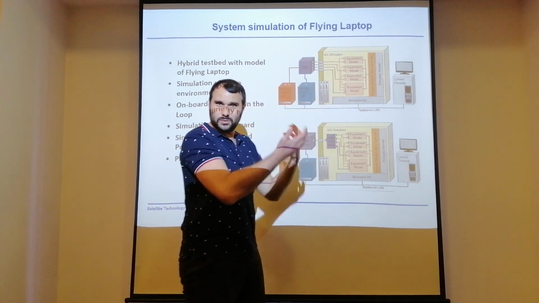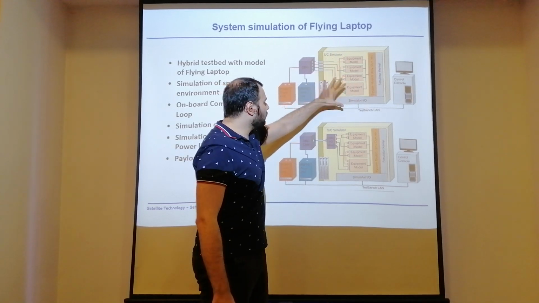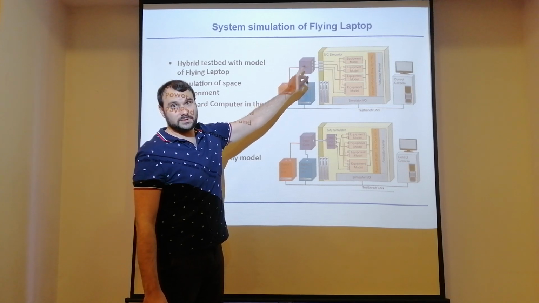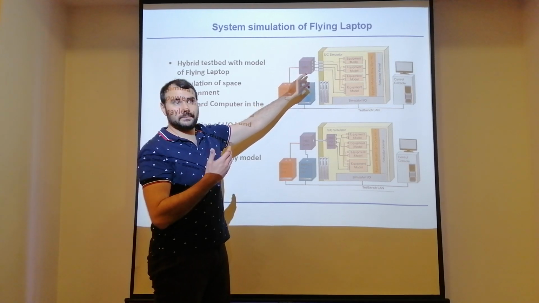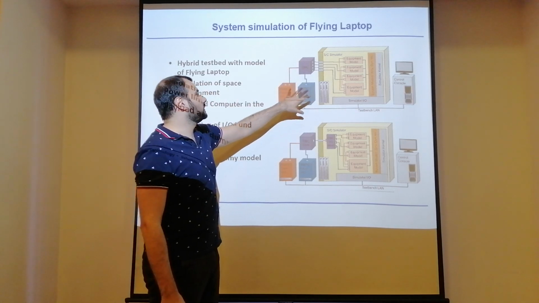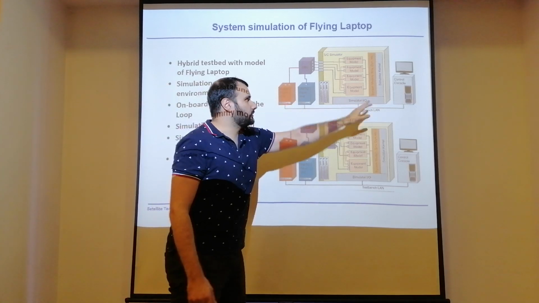So you have models of your equipment in your spacecraft simulator, and all those models are connected to the actual onboard computer. The actual onboard computer or engineering model of the onboard computer, which is then connected to your telemetry, telecommand front end, and your power and your control PC.